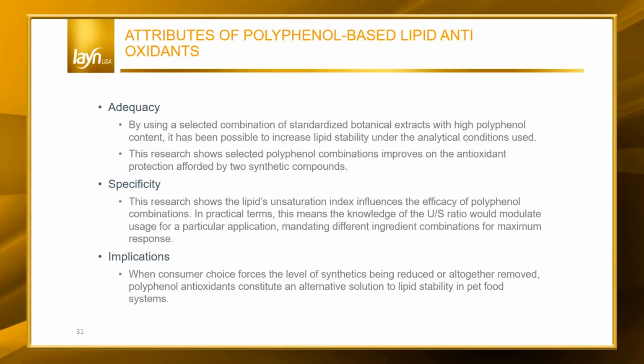And research has shown that those improve lipid stability and fat stability under the research conditions used. The second is specificity. We have seen that there is no single antioxidant able to provide lipid stability in all circumstances to all lipid bases.